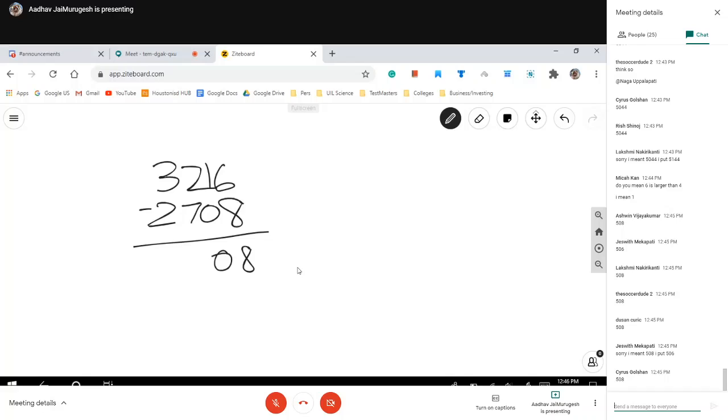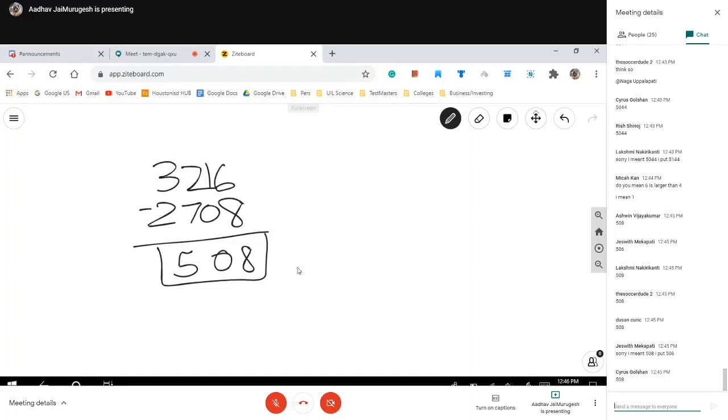Then 2 is obviously smaller than 7, so we take these two and consider both of them. If we consider both of these, we will obviously get an answer of 5, because 27 plus 3 is going to be 30, and 32 minus 30 is just going to be 2, so it's 3 times 3 plus 2, which is 5.